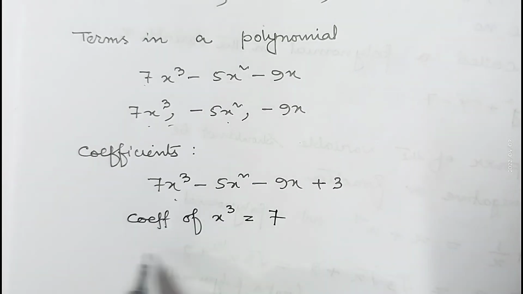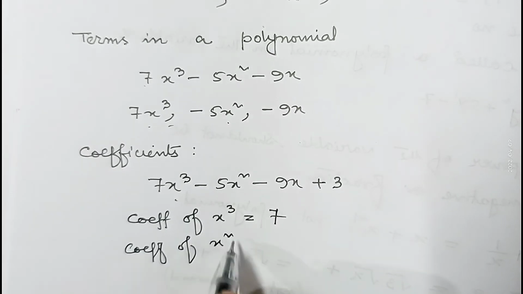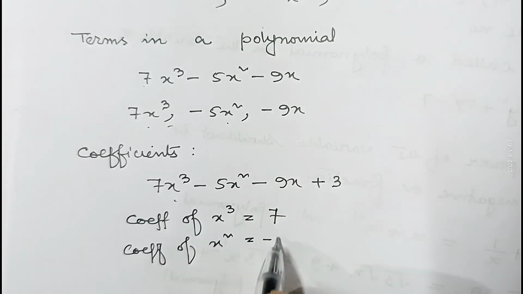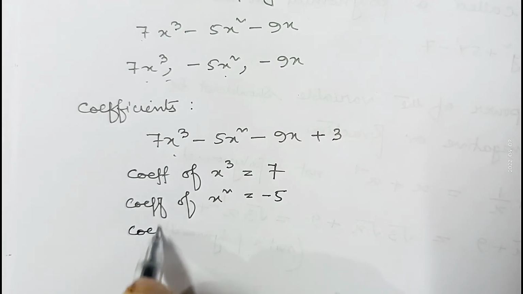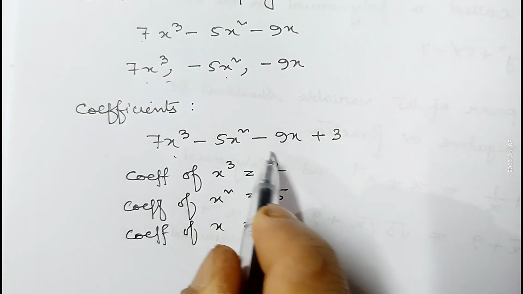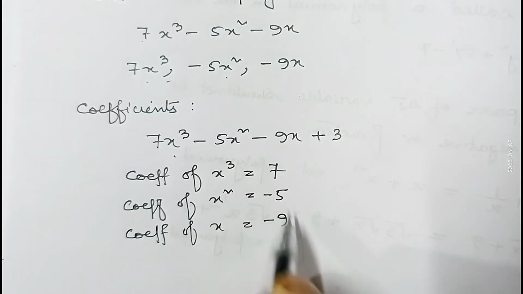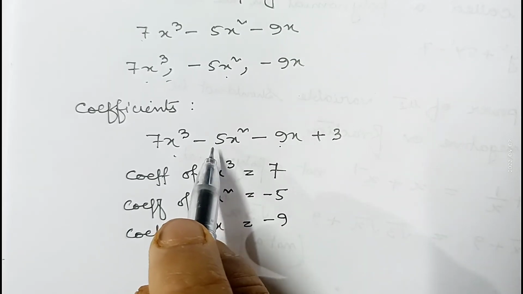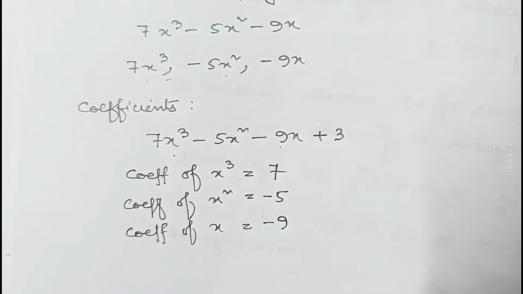Coefficient of x squared is minus 5. Now what is the coefficient of x? Coefficient of x will be whatever is left in this term other than x, it is minus 9. So minus 9 is the coefficient of x in minus 9x, minus 5 is the coefficient of x squared, and 7 is the coefficient of x cubed.